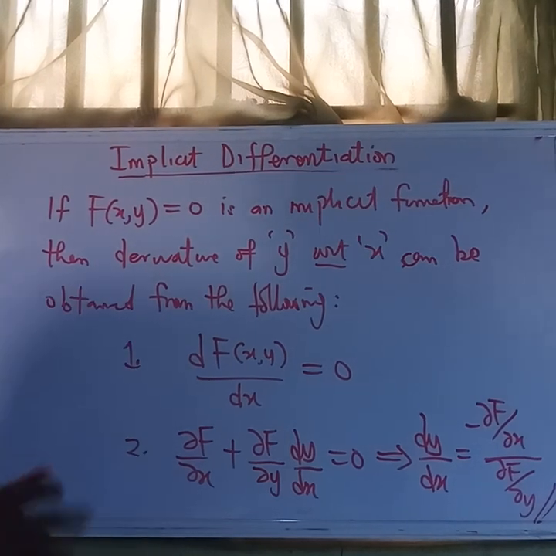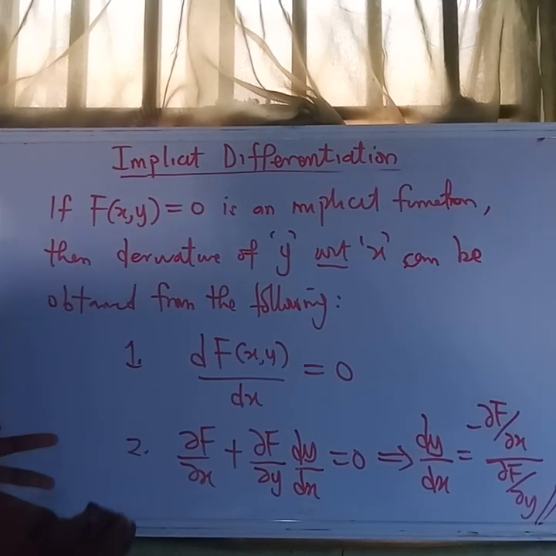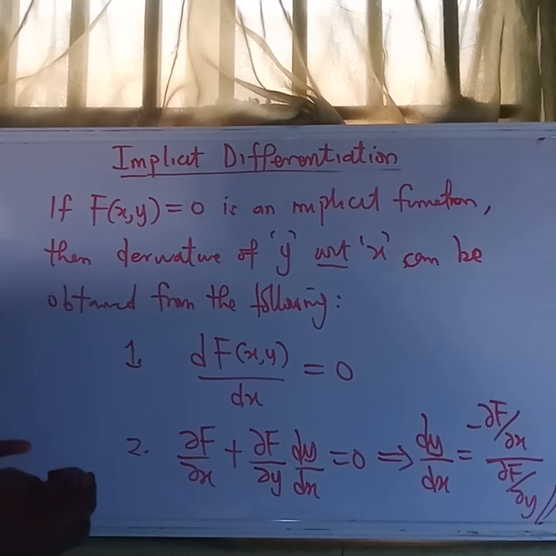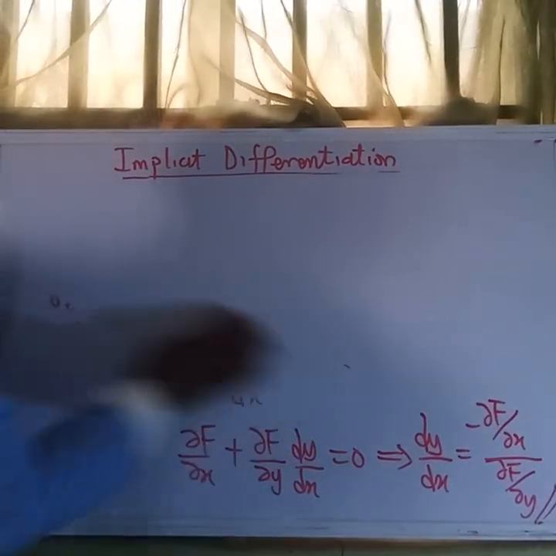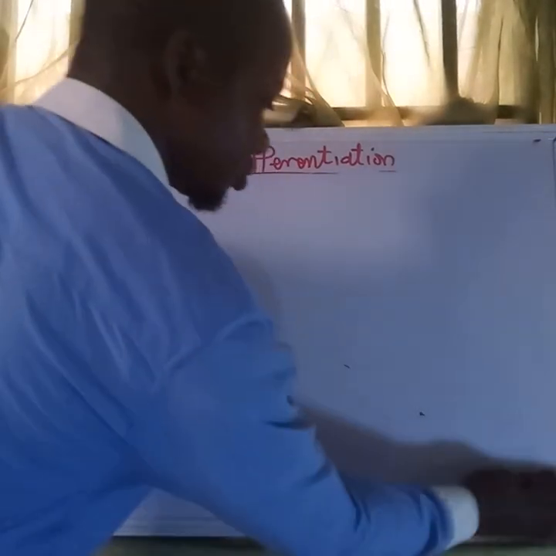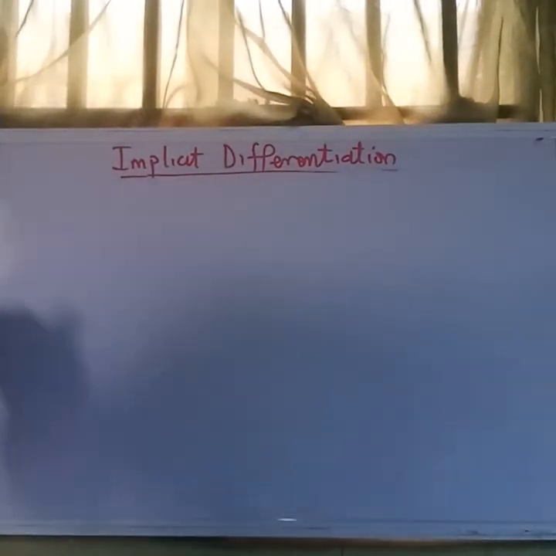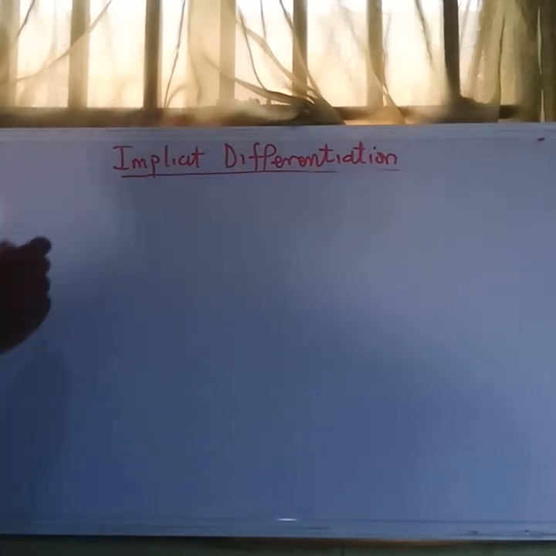Okay, so let us see some examples under implicit functions.